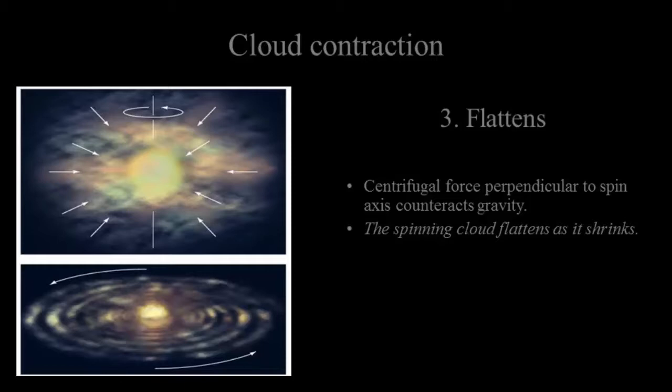The spinning cloud flattens. So these simple physical concepts explain to us that a roughly spherical cloud would eventually heat up in the center, begin to spin faster, and flatten into a disk. And that's exactly what we see when we look out at other solar systems that are forming.